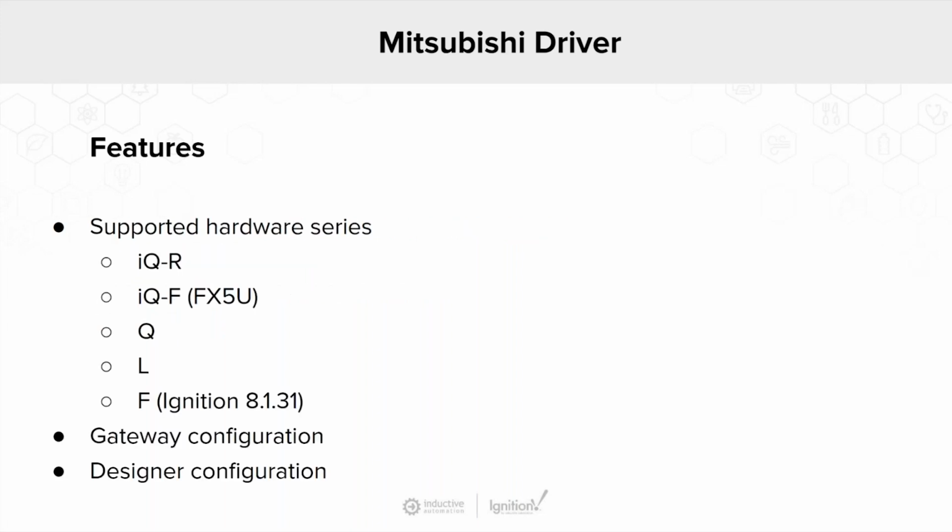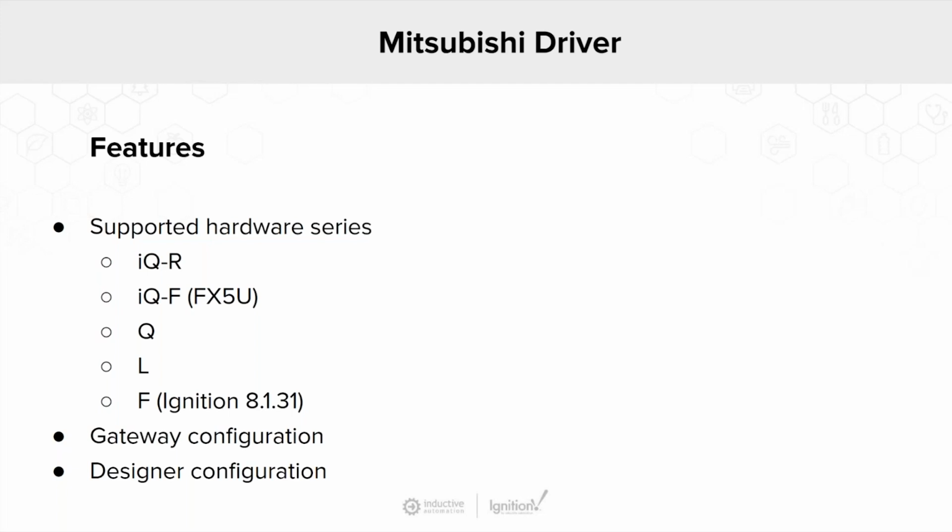So now digging into the details a little bit here, the Mitsubishi driver supports most of the MELSEC series PLCs, including the iQ-R, iQ-F, Q, L, and as of 8.1.35, the F series, which uses Seamless Message Protocol, or SLMP, communications through PLC Ethernet ports.